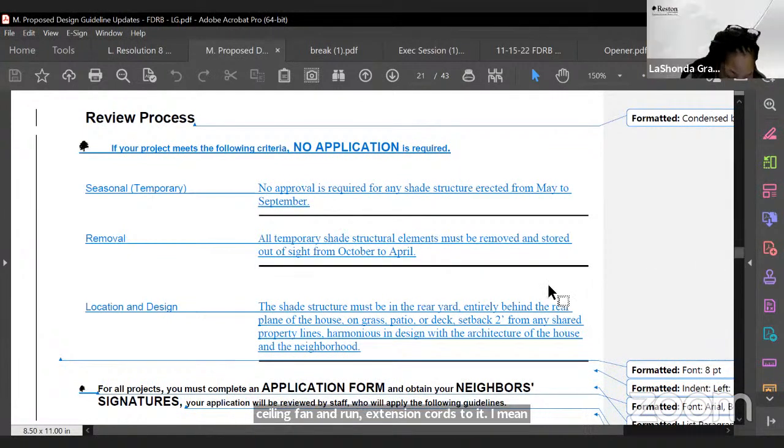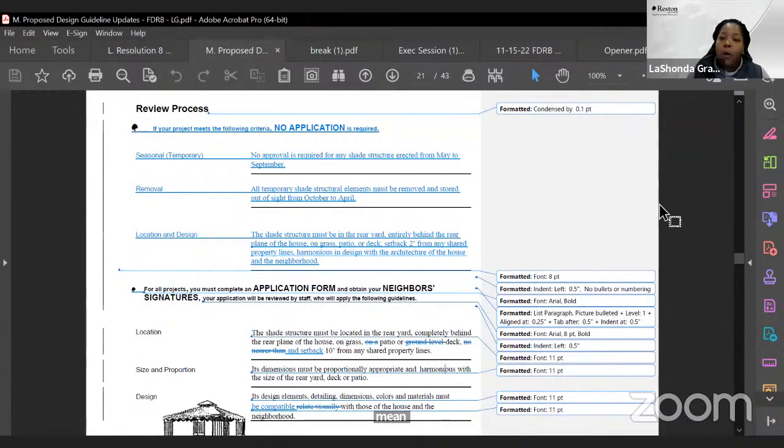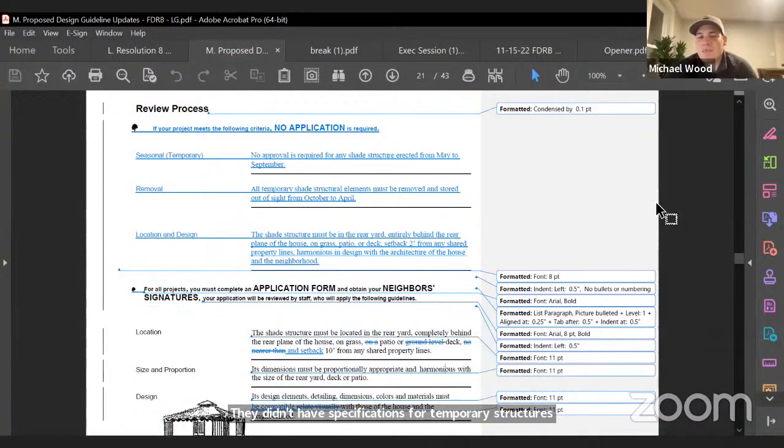Well, even for staff reviewable, the dimensions just say that they must be appropriate and harmonious with the size of the yard. So if we want to specify dimensions, we can. But what was there before, they didn't have specifications for temporary structures. Well, to me, that means if we don't have a guideline for it, it's not allowed.